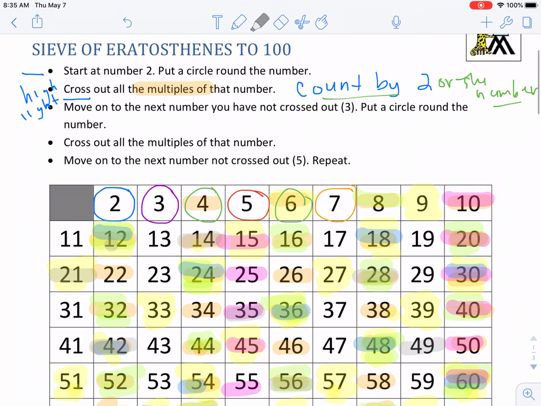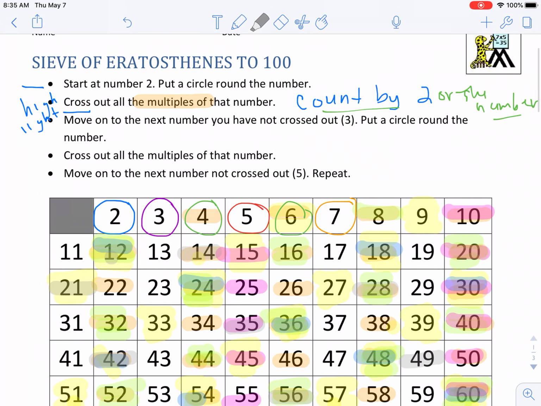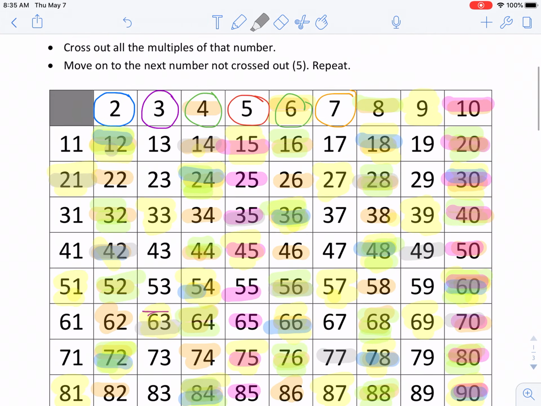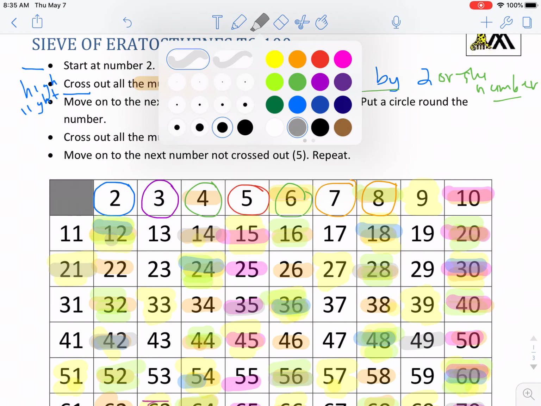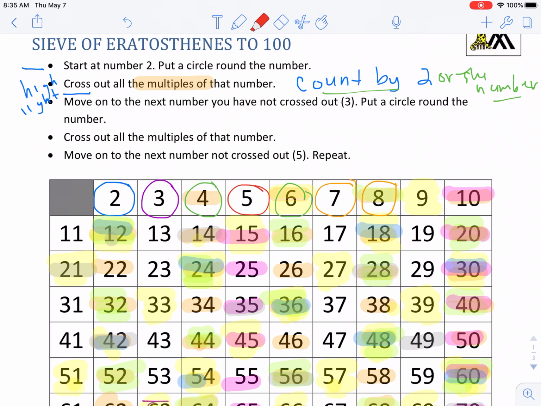All right, so now we're going to go and do number 8. And can you guess? So see how 8 is already colored in? If you were to guess, would you think there would be any 8s that are already free and open?